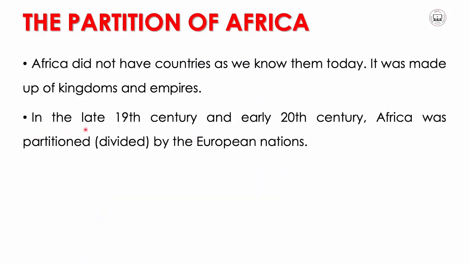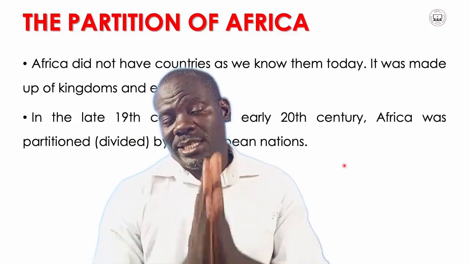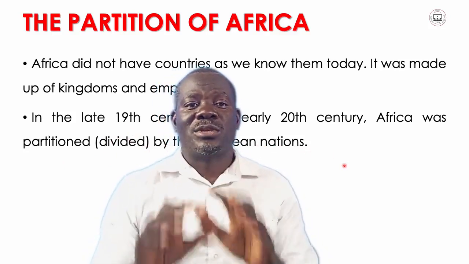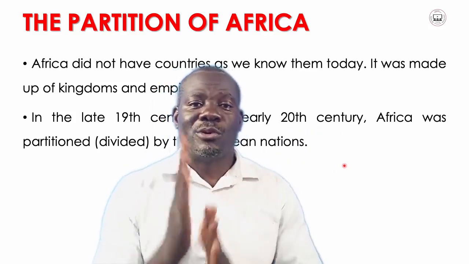So in the late 19th century and early 20th century, Africa was partitioned. To be partitioned is to be divided. So it was divided by European nations. You have to know that Africa was divided only by the European nations.